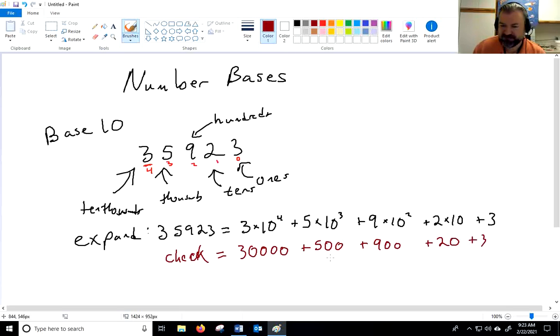And then a 3. So when I add that up, 3 plus 20 is 23. 23 plus 900 is 923. Oops, I am missing a 0. 5 times 10 to the 3rd. Okay. Then 5,000 plus 923 is 5,923. And then 30,000 plus 5,923 is 35,923. All right, let's try another one.